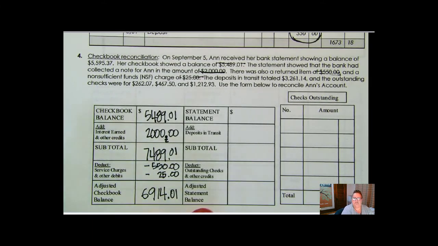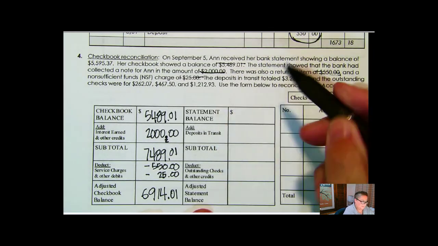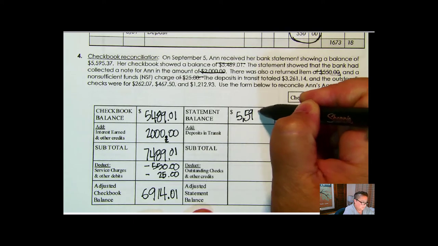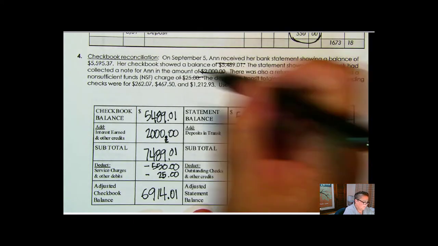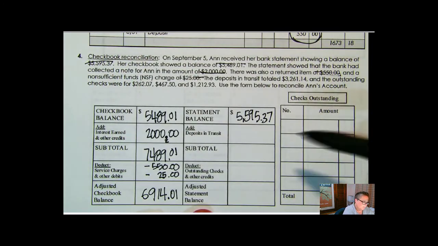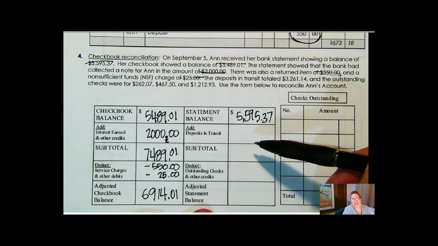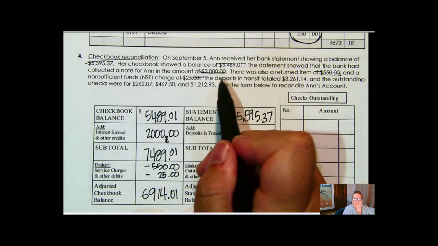Okay, so I've used all that information. Where am I? Okay, current statement balance. This is the $5,595.37. Got it. Were there any deposits in transit? This is why I like the word soup ones.